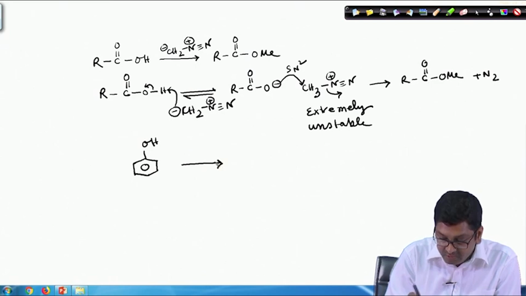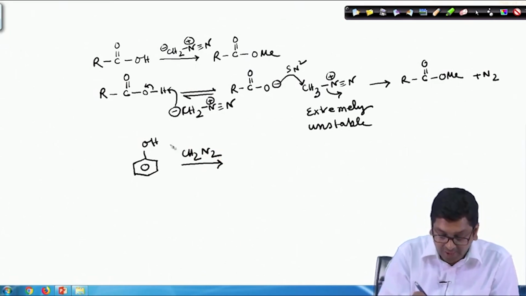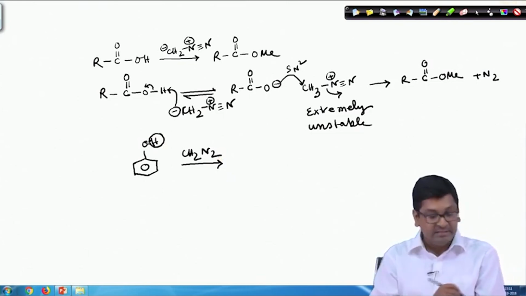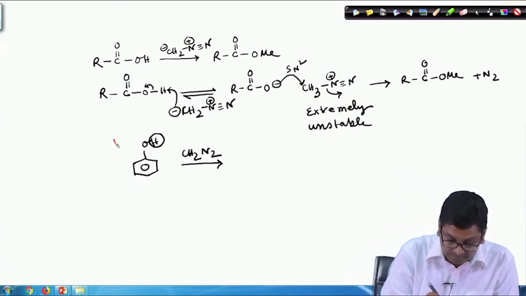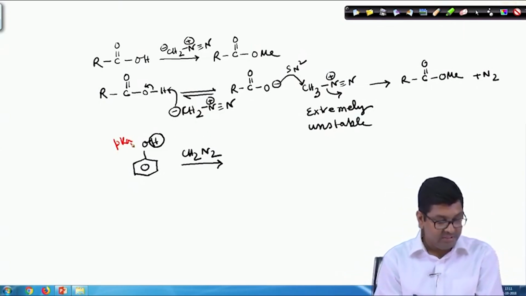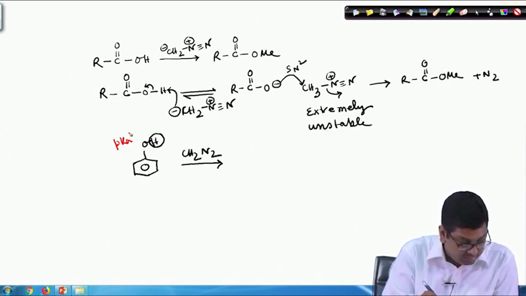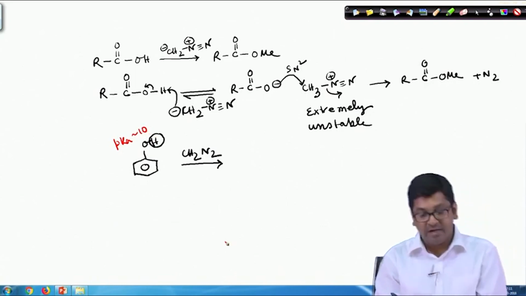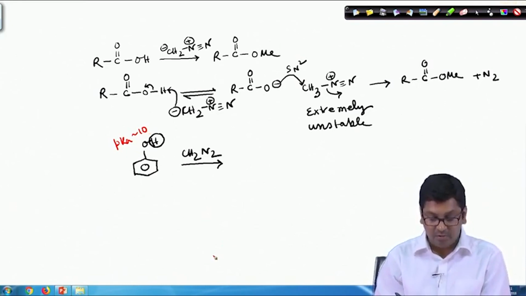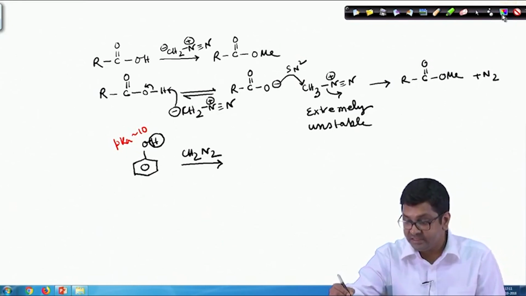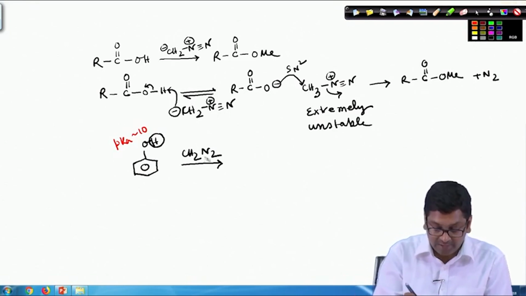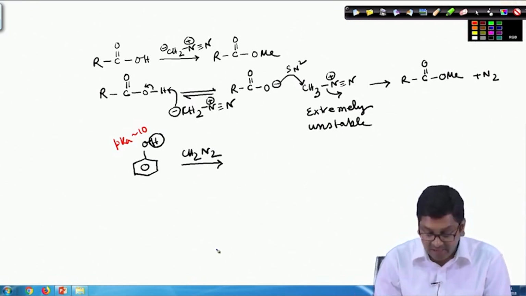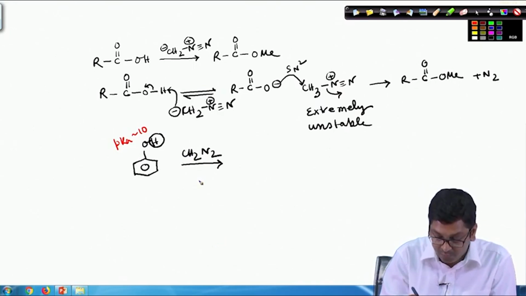If we use diazomethane over here, then this proton is acidic enough, its pKa is around 10. Okay. So, this is sufficiently acidic, so that this diazomethane can react with it in a similar fashion.